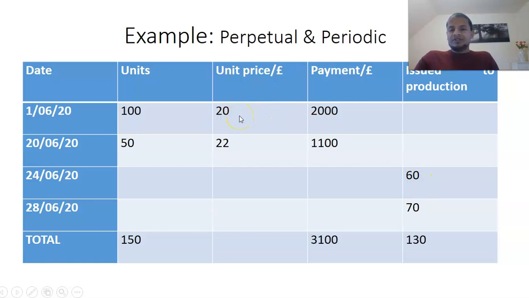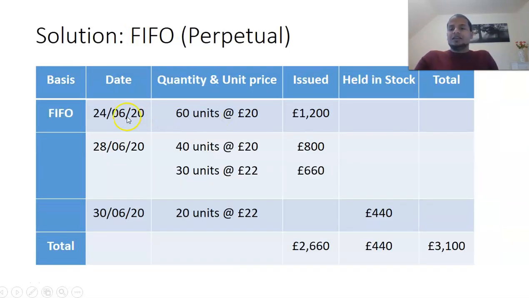First in, 100 units that came first, out of this 100, at the rate of 20, we should issue 60 units. That's the first thing we have to do. So on 24th, we have issued 60 units from the 100 units that we received first at 20. So 60 times 20 is 1,200. The material that we issued cost 1,200.